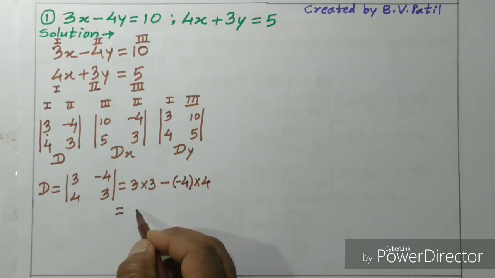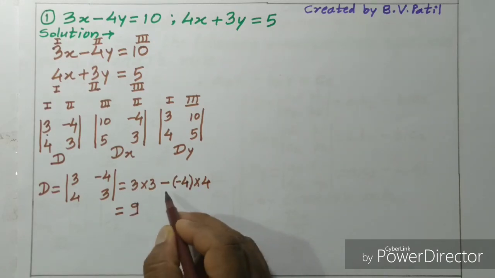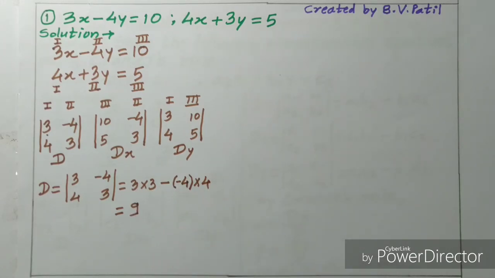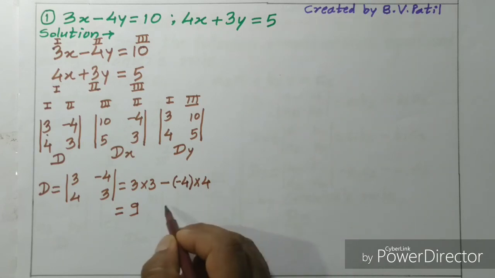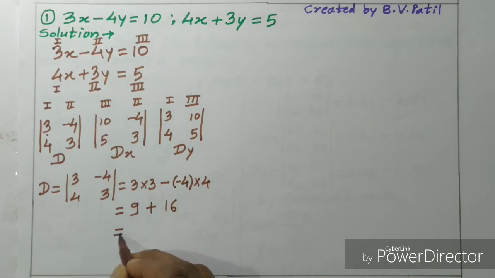What do we get here? Multiplication is 9. This multiplication is 4 4s are 16, minus minus plus. Then addition, we get 25.